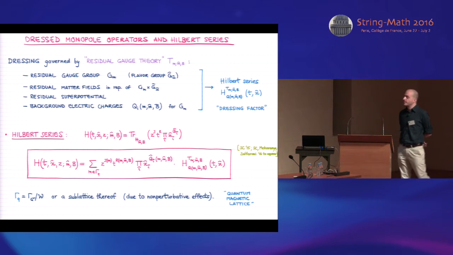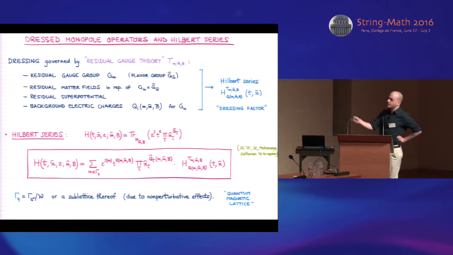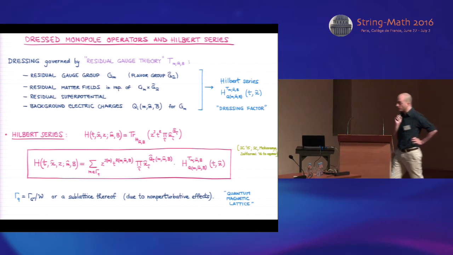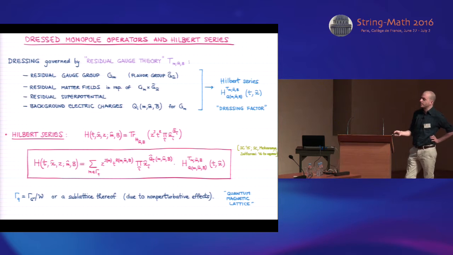So to summarize, the dressing of monopole operators is governed by some residual gauge theory, which is labeled by the dynamical and background magnetic charges. So it has some residual gauge group and residual flavor group. It has some residual matter fields in the representation of this residual gauge and flavor group. It might have some residual superpotential, which is obtained by setting to 0 massive fields.